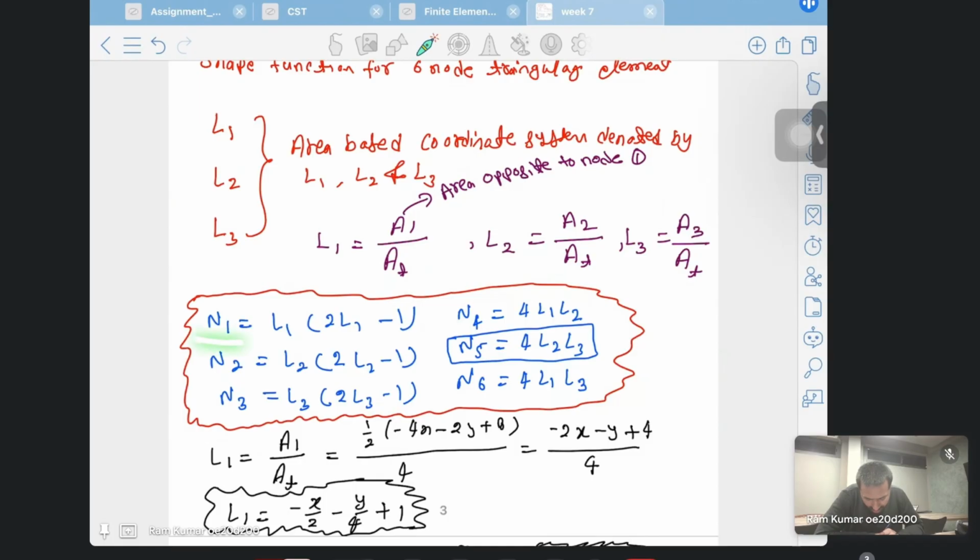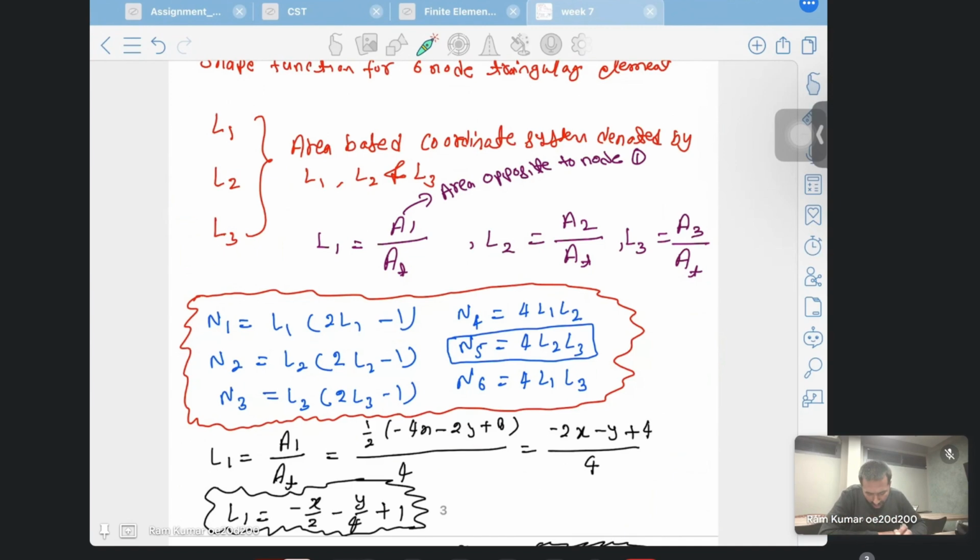Shape function N1 equals L1 times 2L1 minus 1. This is for shape function 1. Then shape function 2, N2 equals L2 times 2L2 minus 1. Similarly N3, N4, N5, N6. You do not need to remember these formulas. If you are solving any problem, they will provide them.